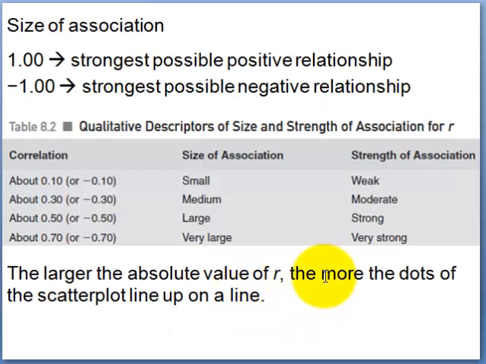Here are some descriptors of size of association for r. 1 conveys the strongest possible positive relation, -1 the strongest possible negative relationship. These qualitative descriptors are basically approximations, helping you get a feel for size of association.